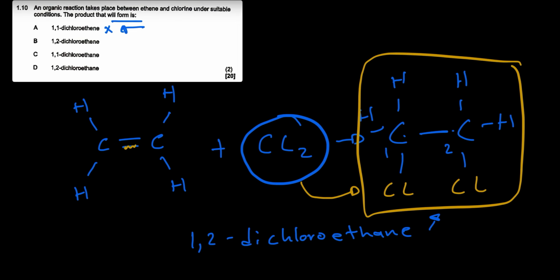It will be a product, but it's not a suitable product under good conditions. Under good conditions, one chlorine will form with that carbon, and then the other one will form with that one. If the conditions were not suitable, one of the hydrogens will go to the other carbon there, and then it forms that product that we have, 2 chlorines on 1 carbon. But that does not happen in most cases.